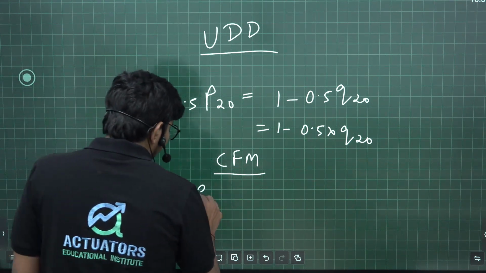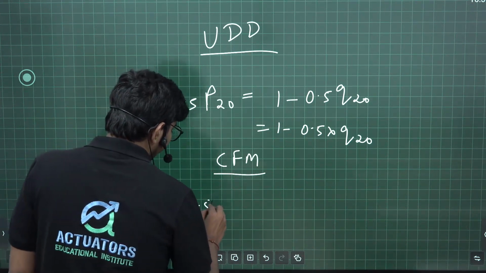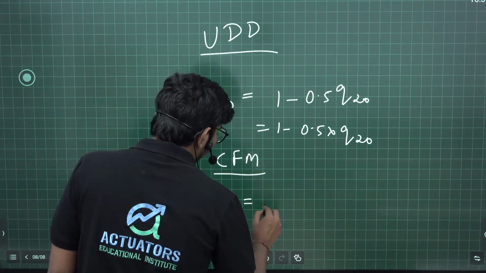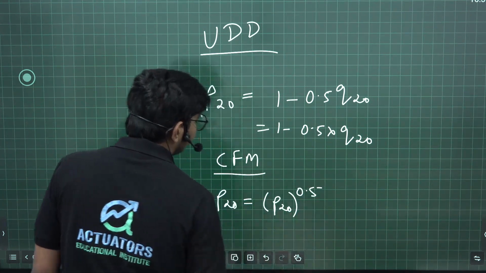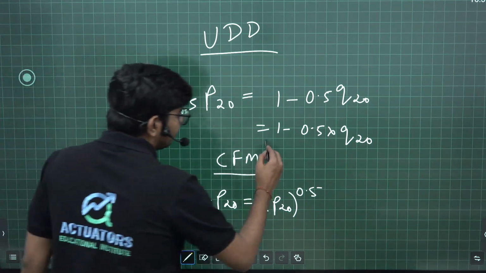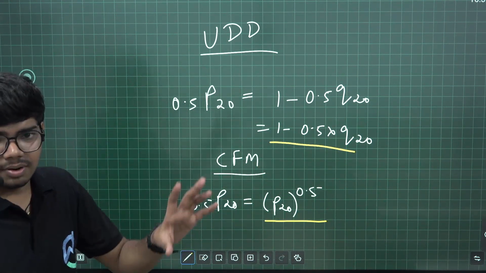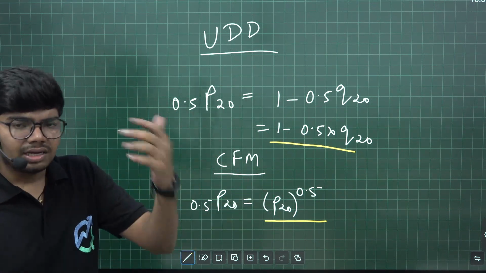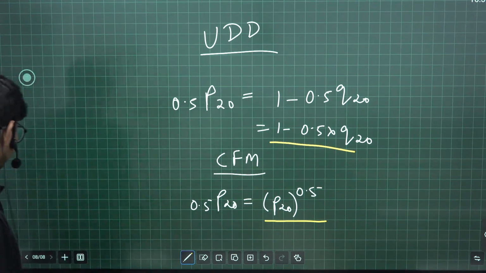So the implication of that would have been 0.5 P20 equal to P20 whole to the power 0.5. So these are the two major implications which we have out of the assumptions that we have made. Now there is a third broad heading as well, which is de Moivre's law, which I would be dealing with in my full class and not in this class.